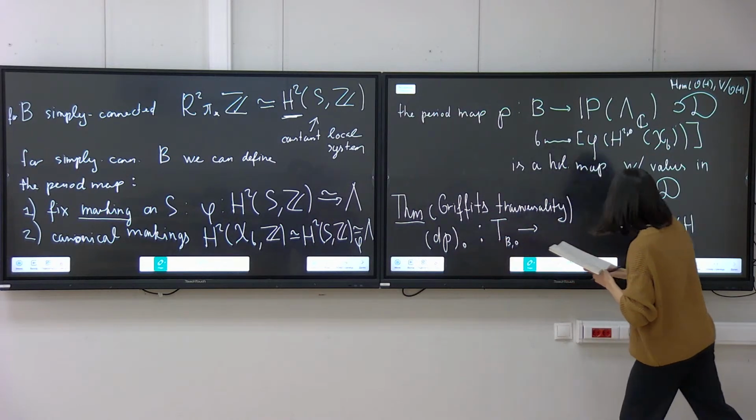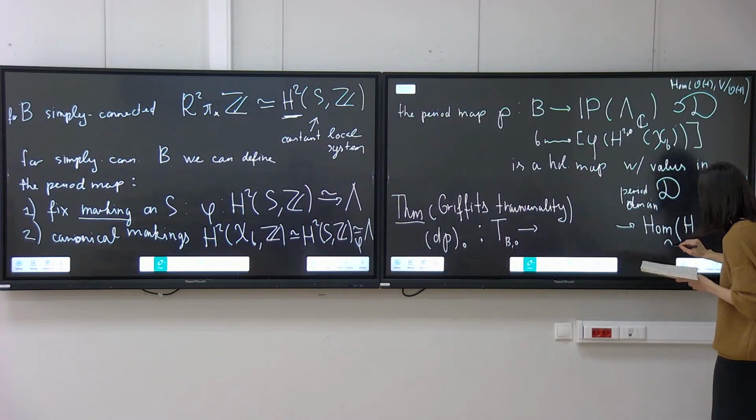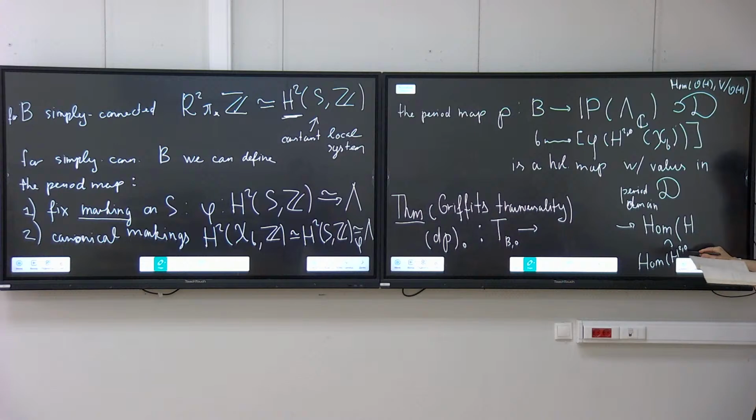So we should obtain something that lies inside homomorphisms of the 2-0 part modulo the 2-0 part.